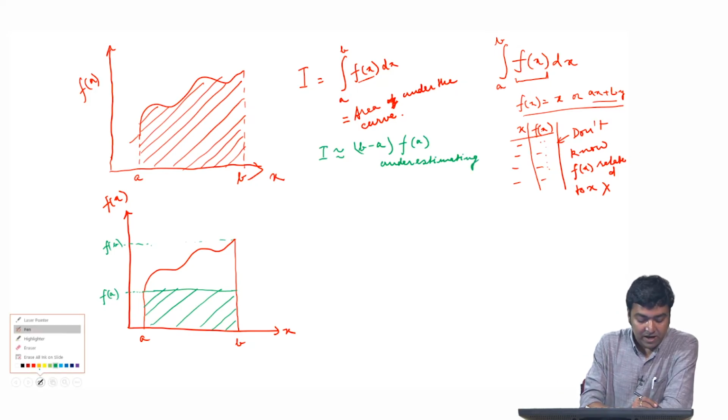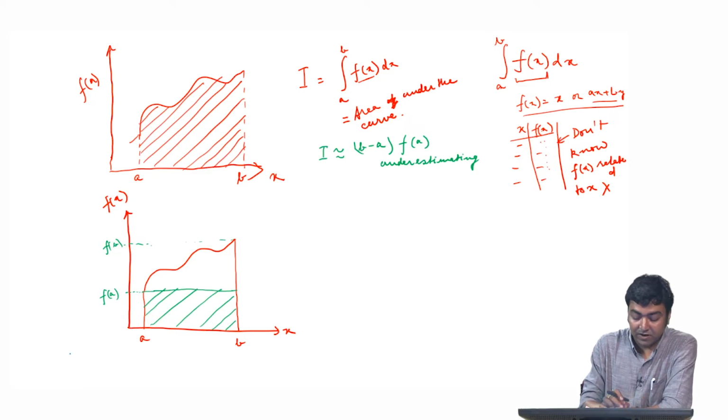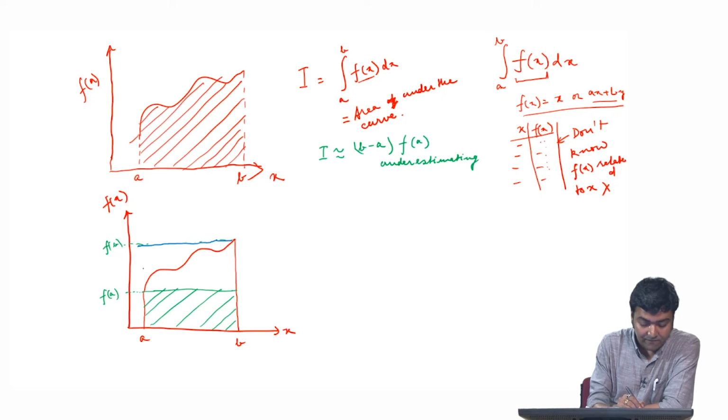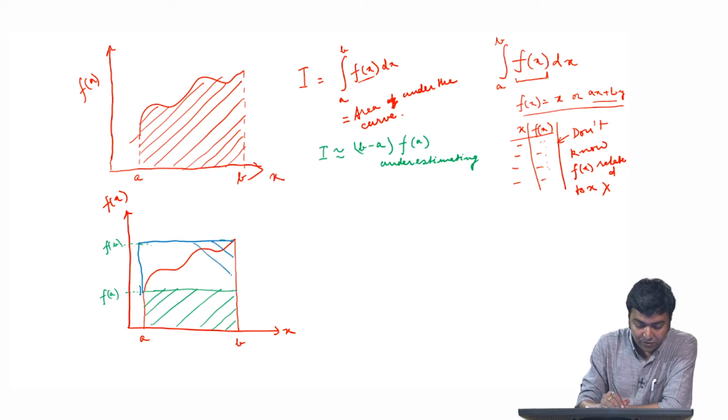Since in this case we are underestimating, how about I start from the point B and draw a line parallel to the x axis up till the point A. Now I am trying to find the area under this rectangle, my blue shaded rectangle.